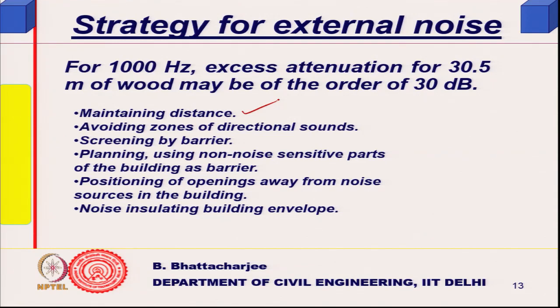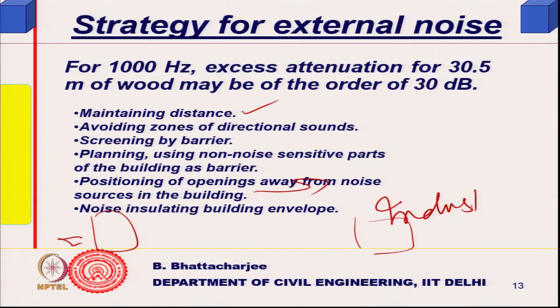For example, if you have industries here, and the prevailing wind direction is in this direction, then the industry should be placed accordingly, and your urban area should be here. It is not the other way around.